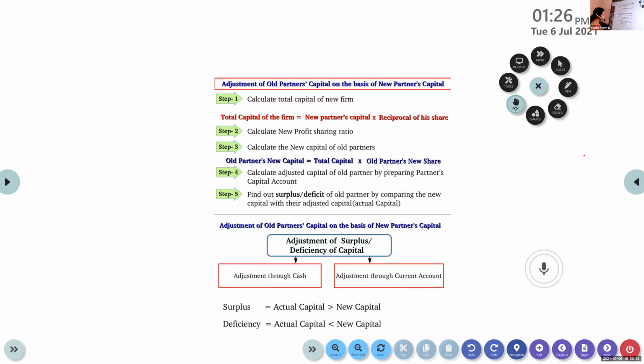The adjusted capital and the new capital will be compared, and after the comparison, we will know whether there is surplus or deficit of capital. If it is surplus, then it will be withdrawn by the old partners. And if it is deficit, then it will have to be contributed to the firm by the old partners.